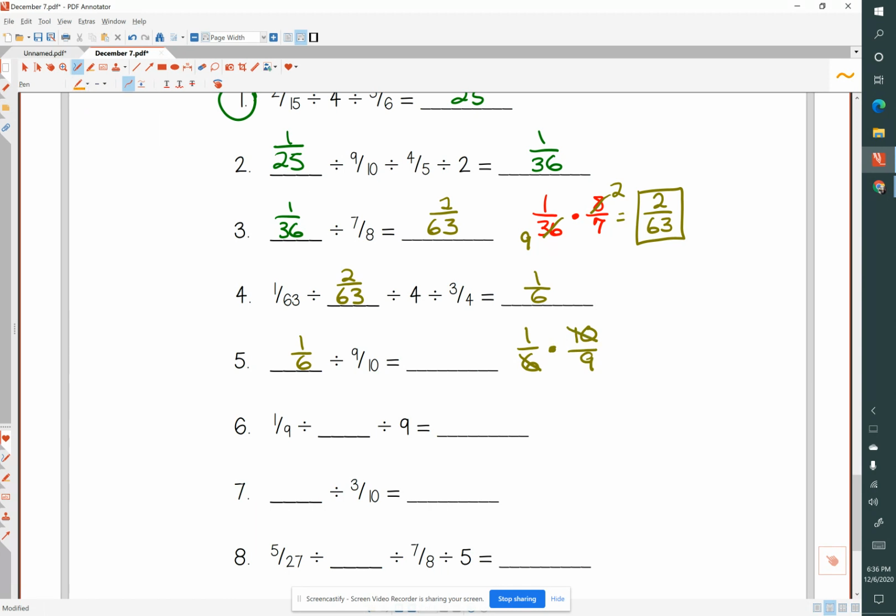So 6 divided by 2 is 3. 10 divided by 2 is 5. We multiply straight across, and we have 1 times 5 is 5, and 9 times 3 is 27. And we'll put that right here in our answer and in the next problem, which I think I will write on our scrap paper.